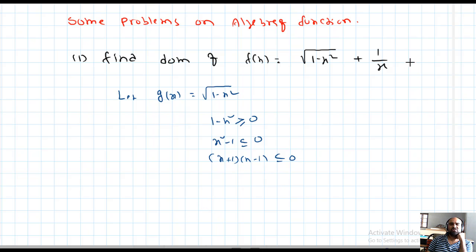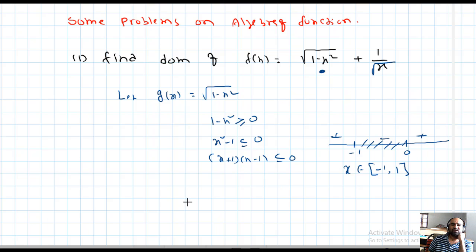I will change the question and write root x here. By the wavy curve method, with minus 1 and 1 marked, the signs are plus, minus, plus. We want the negative region, so x belongs to closed interval minus 1 to 1. This is the domain for this function.